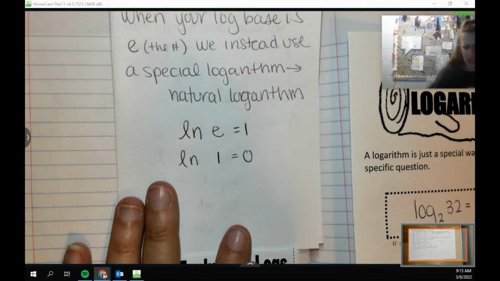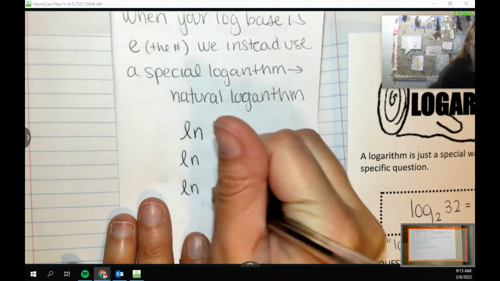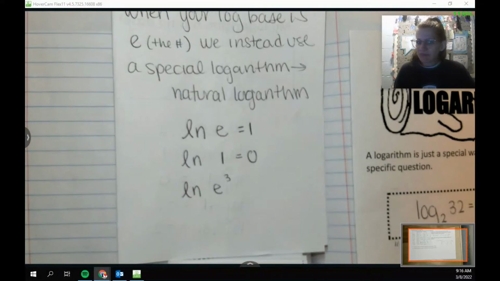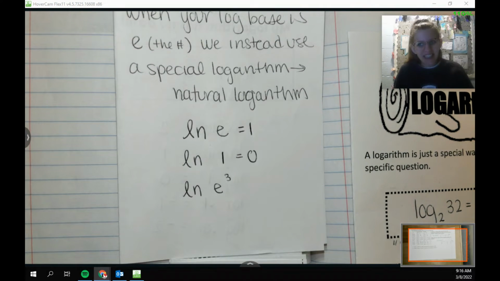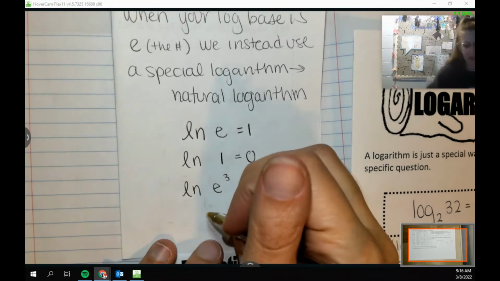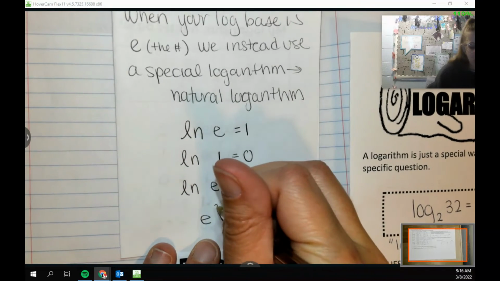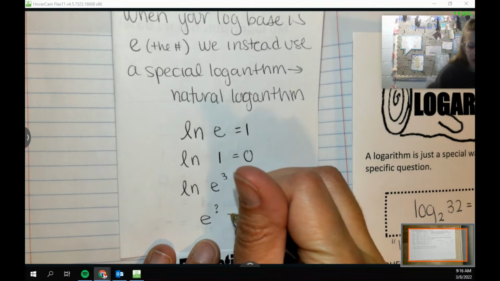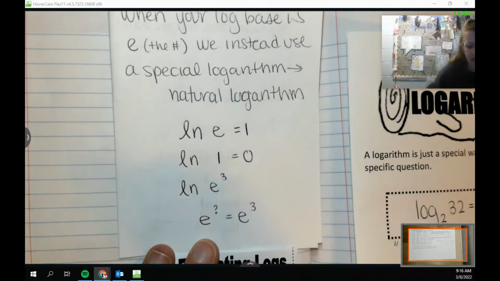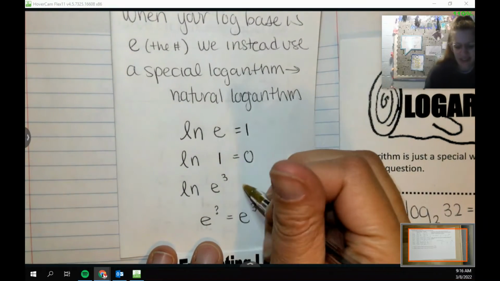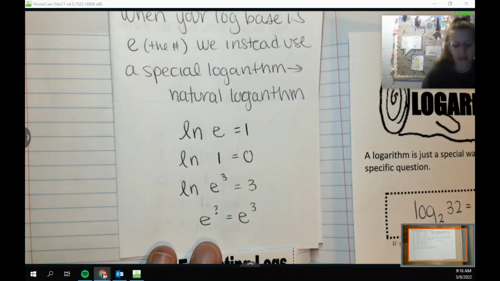Or this is really interesting too. If I saw natural log of e to the 3rd power, so e to what power is e to the 3rd? Let's just think about rewriting this. So this would be rewritten as e to what power is e to the 3rd? I mean, wouldn't it just have to be 3? It's just 3, right? So weird.